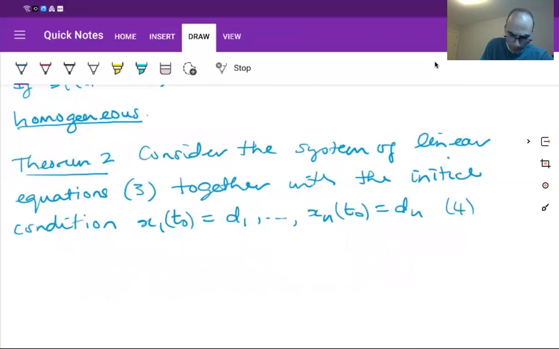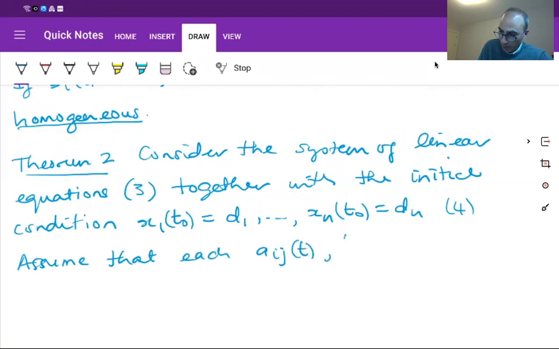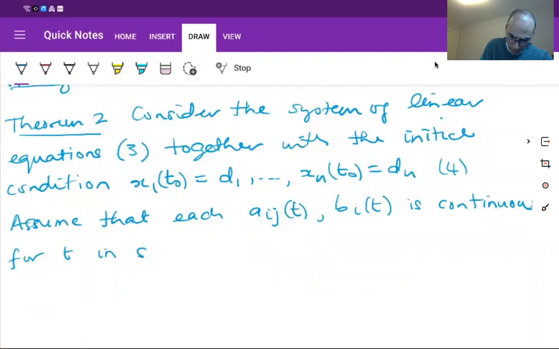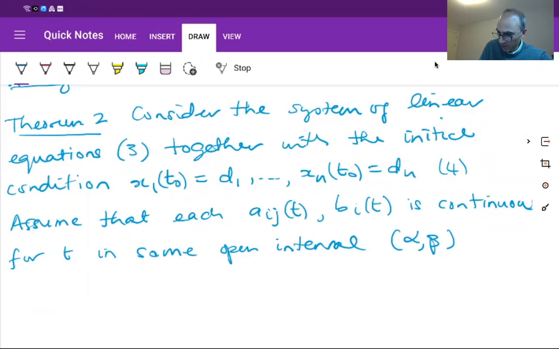Let's assume that each of these a_ij's and b_i(t)'s is continuous for t in some open interval, say (alpha, beta), which contains t0.